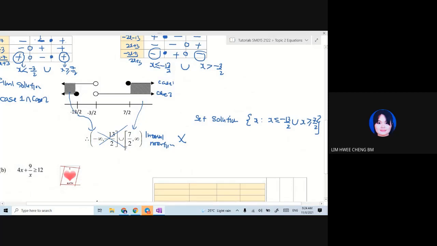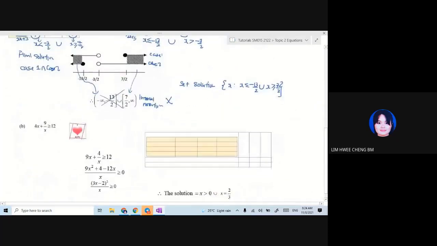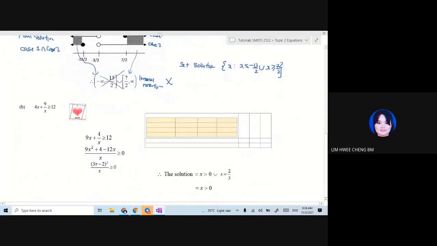Okay, so for the same question B, a lot of students make mistakes. A lot. So what happened? For these cases, can we do cross multiply?